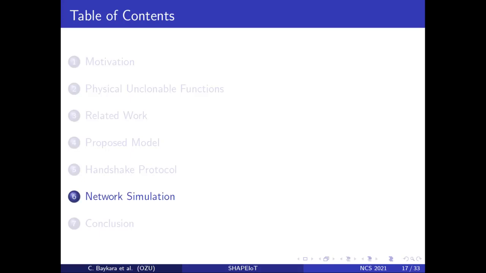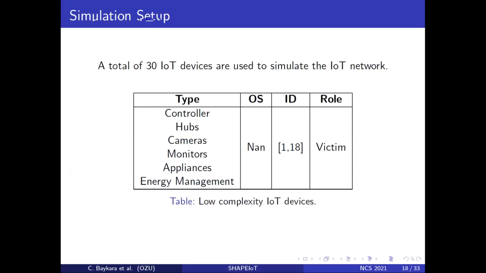To test the effectiveness of our proposed system model, we performed a network simulation. Before sharing with you the results of the network simulation, I would like to talk a little bit about our simulation setup. We have used 30 IoT devices to simulate the IoT network.